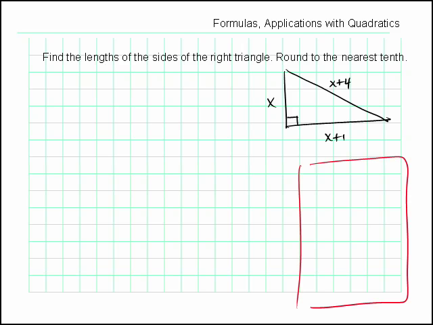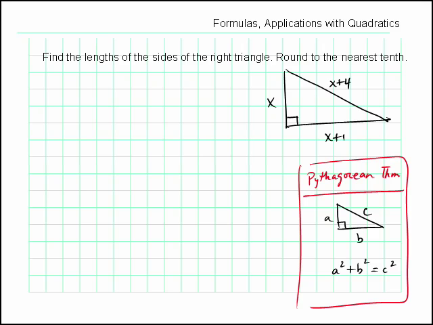What we have to recall is the Pythagorean theorem. The Pythagorean theorem says that if you have a right triangle with sides a, b, and hypotenuse c, then a squared plus b squared will equal c squared.